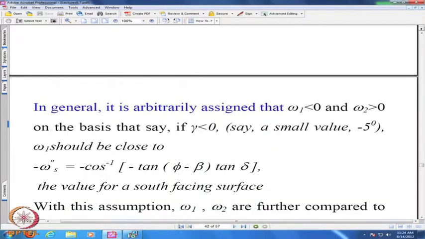If you set gamma equal to minus 5 or minus 10, I expect my omega s r magnitude to be larger than omega s dashed, and similarly omega s s should be less. That is satisfied by the first, omega 1 will be closer to my omega s r, omega s dashed minus values, and omega 2 will be closer to omega s s, or omega s dashed plus values.